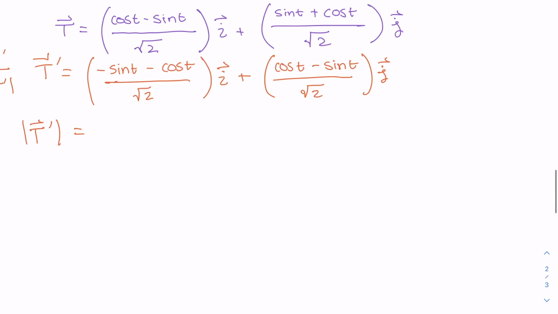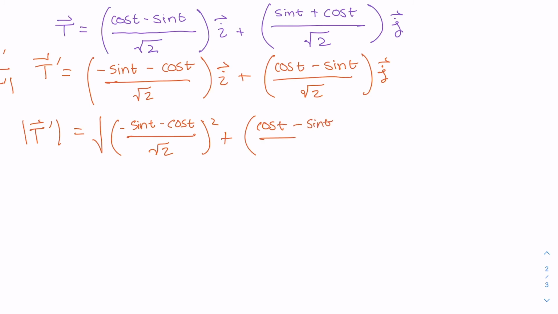So we'll get negative sine t minus cosine t over square root of 2, squared, plus cosine t minus sine t, not that these signs are going to end up being important, all that squared, and then complete my square root hat.